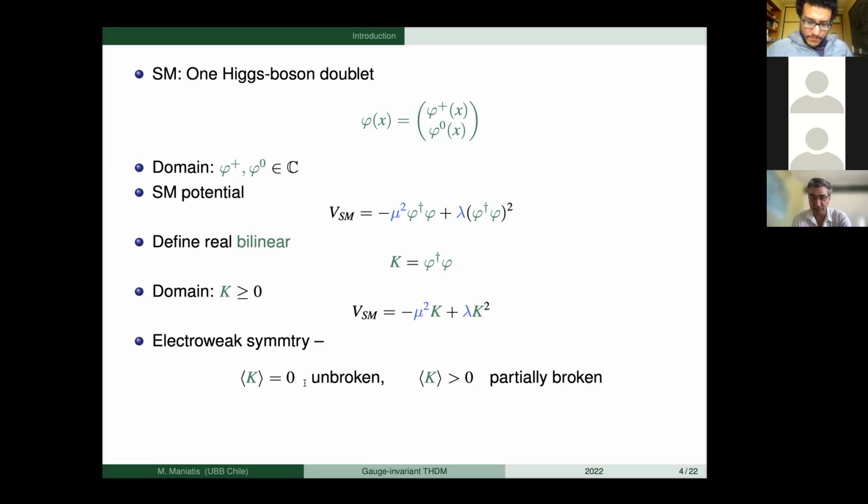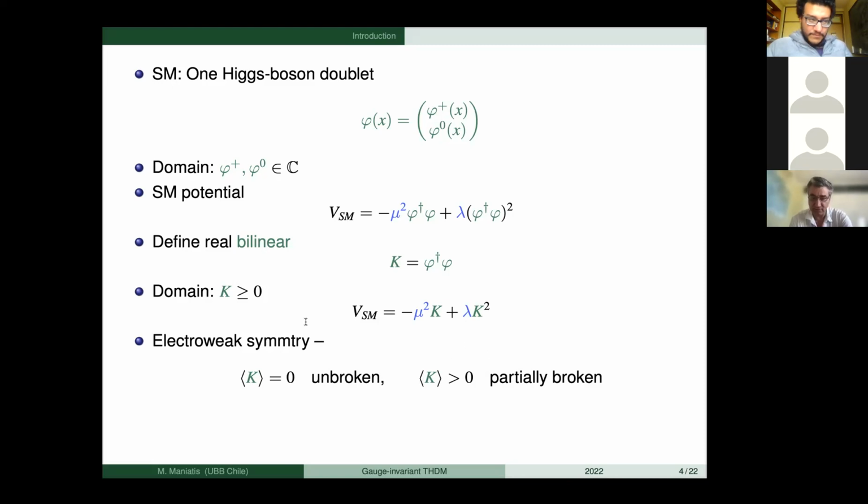Electroweak symmetry breaking can then be seen easily: we get an unbroken electroweak symmetry in case we get a vacuum where K vanishes, and in case K is larger than 0, it can't be negative, we have a partially broken electroweak symmetry down to the electromagnetic U(1).